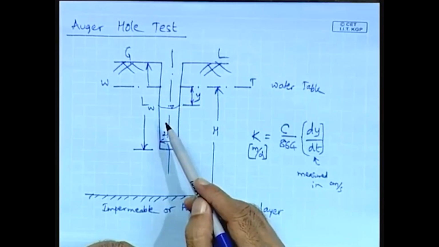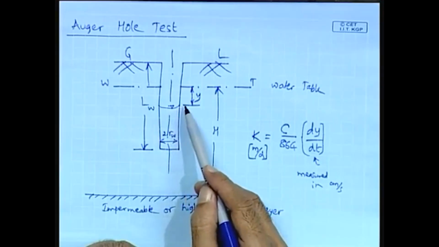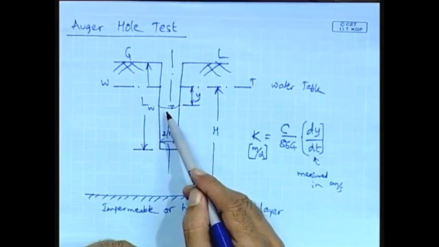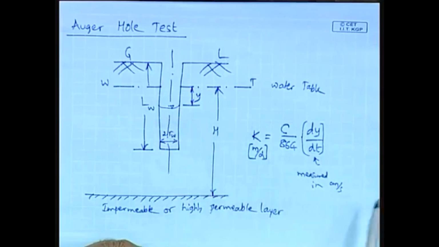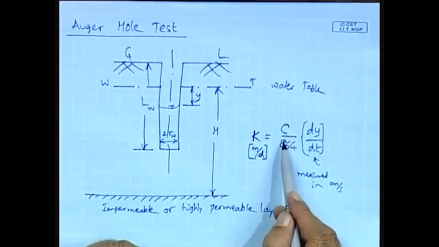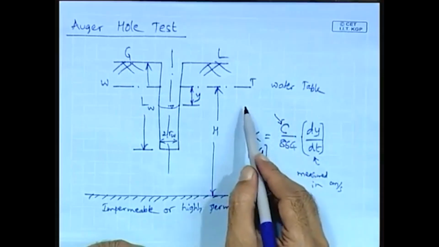So, this dy by dt represents the rate of change of this drawdown with time. This K is directly given by this expression, C is a dimensionless constant.